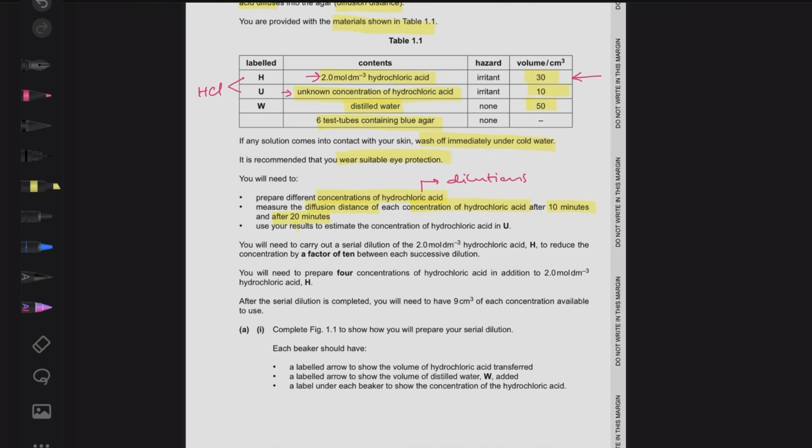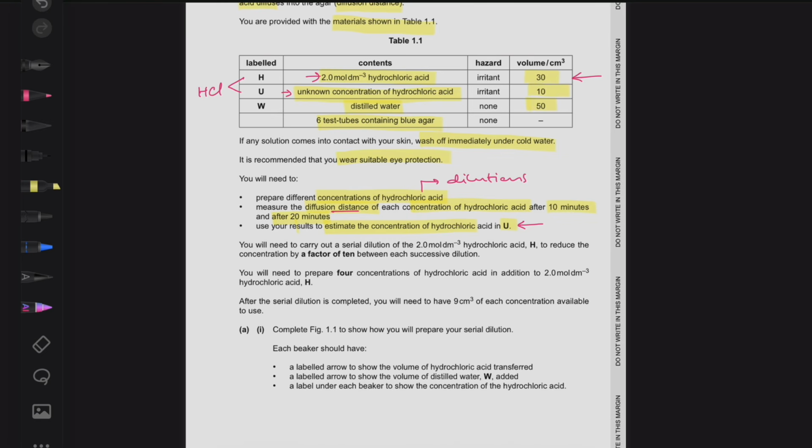Then we're going to use our results to make an estimate of the concentration of the unknown acid. So once we produce diffusion distances for each of the concentrations, and we find the diffusion distance for our unknown concentration, we can compare the diffusion distances and accordingly find our estimate concentration.